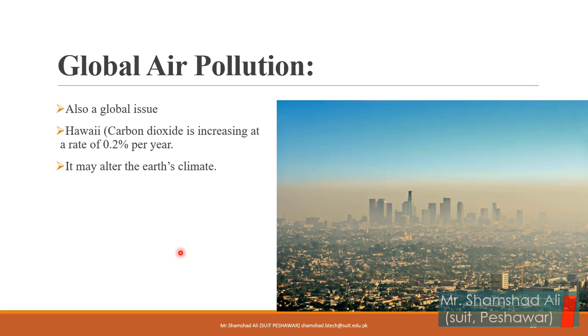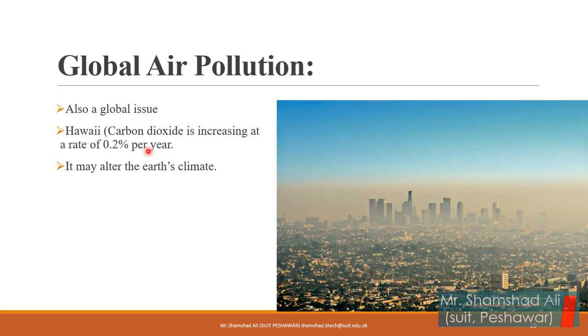Global air pollution means air pollution at a global level. Hawaii, this is basically a reference. Carbon dioxide is increasing at a rate of 0.2% per year. That means the presence of carbon dioxide in the air is increasing 0.2% per year.